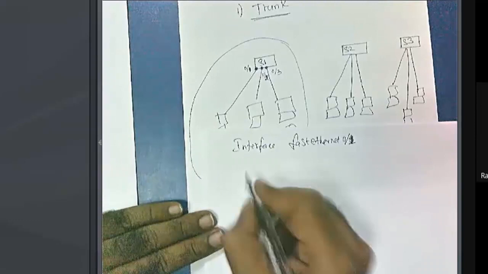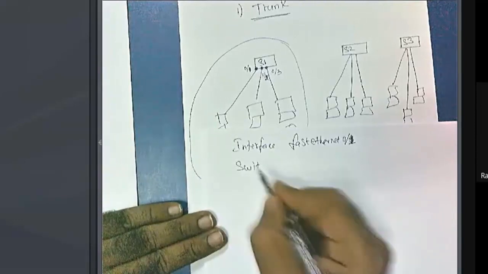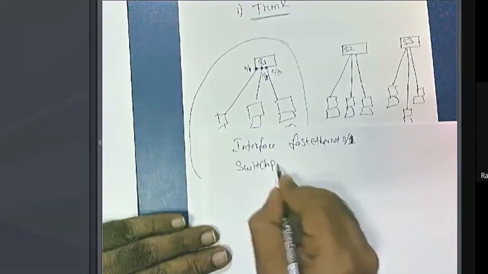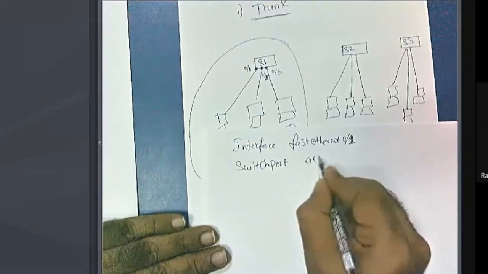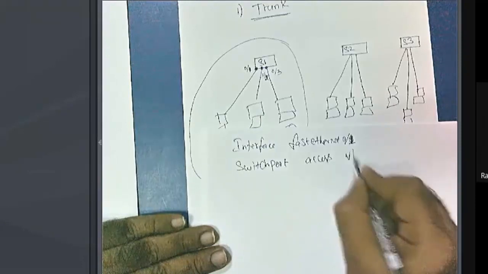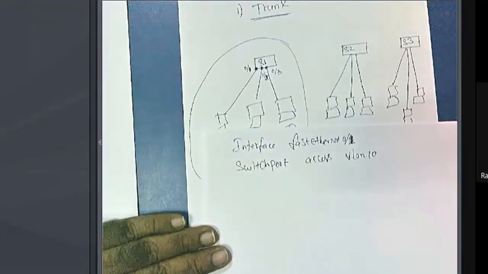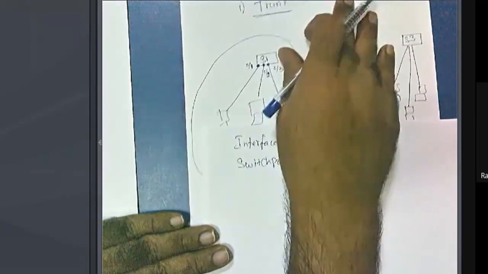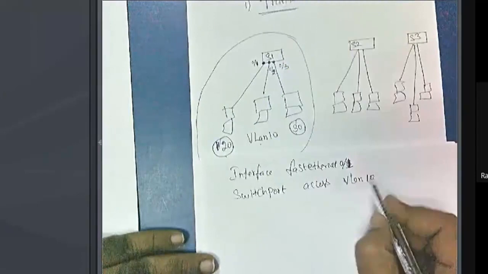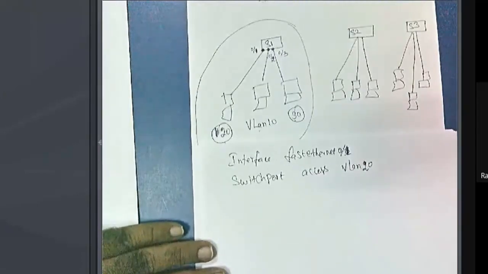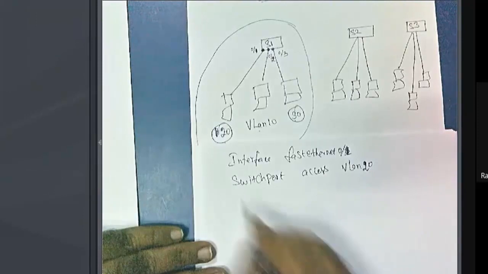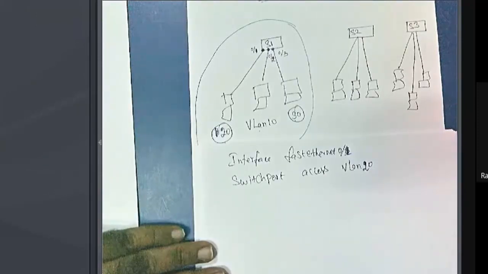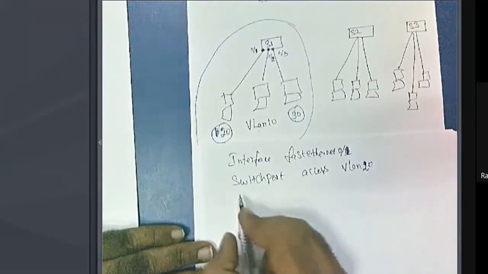Then I make this a switchport access VLAN 10, because I want to move this to VLAN 10. Sorry, VLAN 20. Here in this case, it is VLAN 20, so I want to move it to VLAN 20. Then you can just give exit.